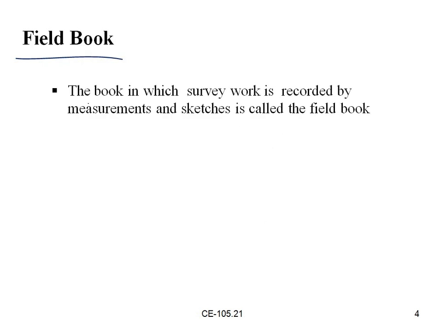The book in which survey work is recorded by measurements and sketches is called the field book. An engineer should compulsorily carry this field book to construction sites and the surveying field. In this book we have a table format in which the readings should be written.